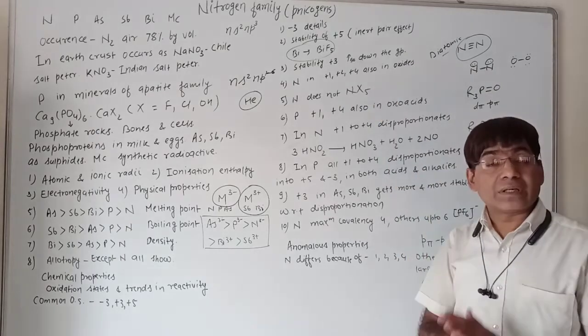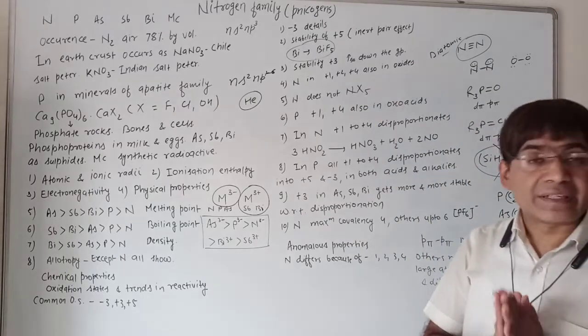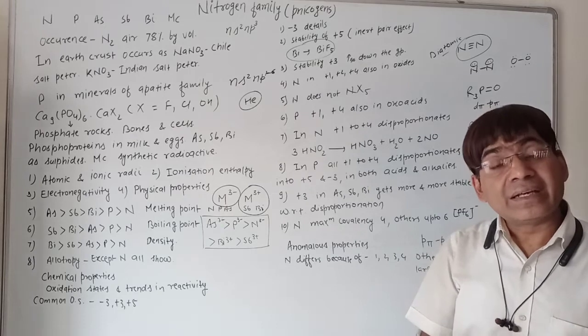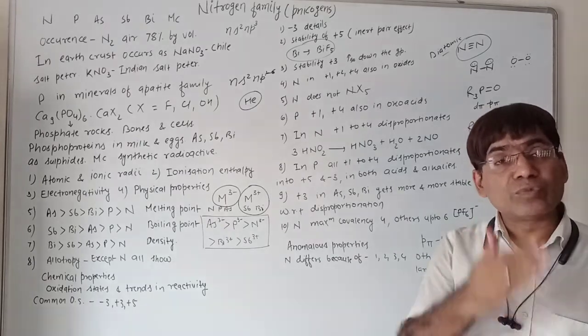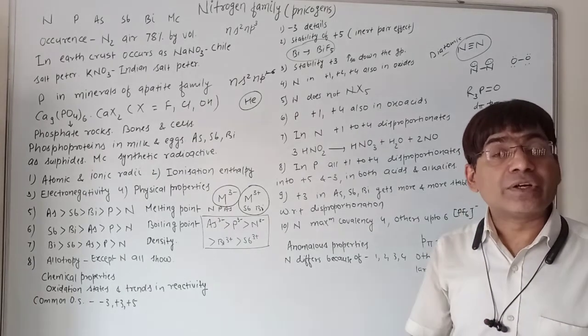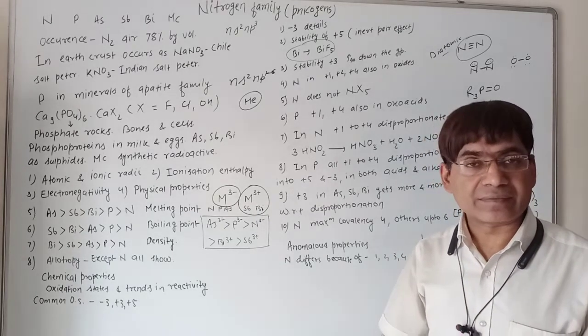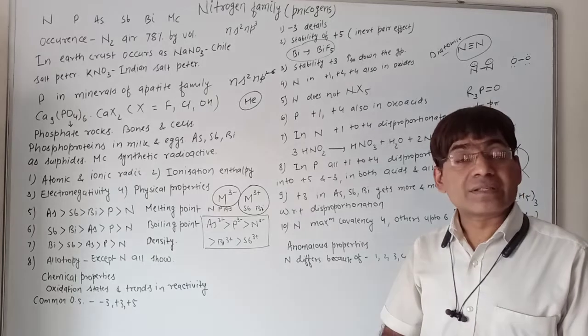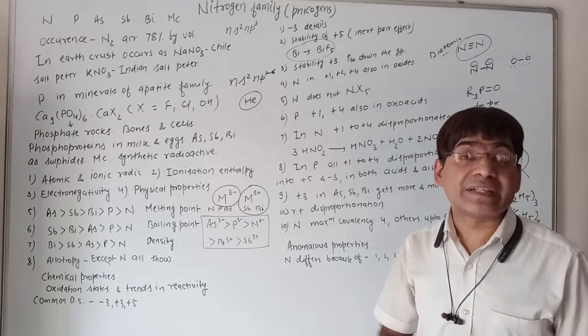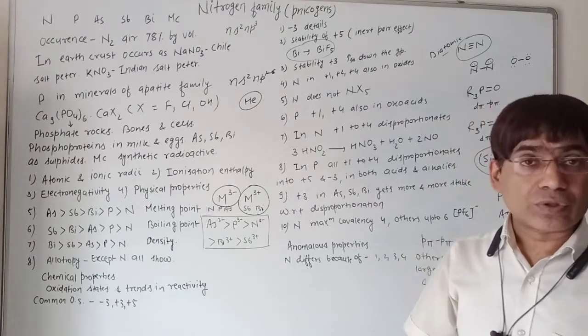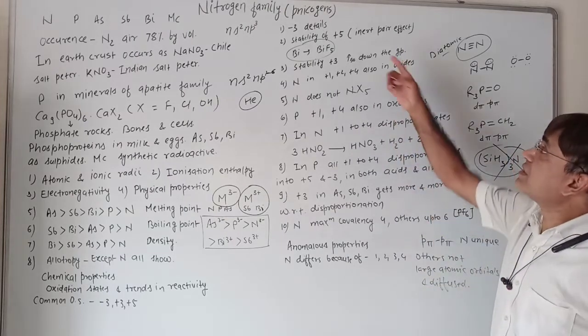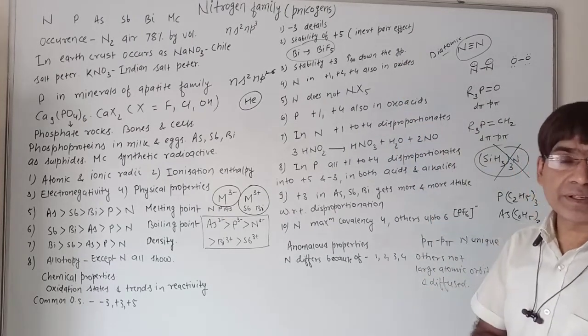So the +5 oxidation state, its stability decreases down the group, and this is due to the inert pair effect.